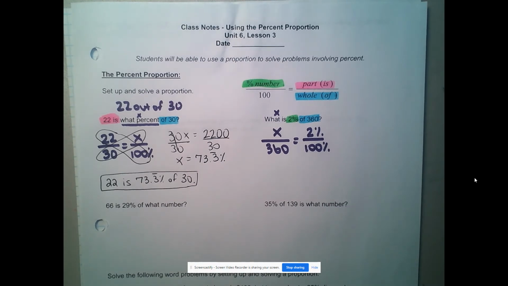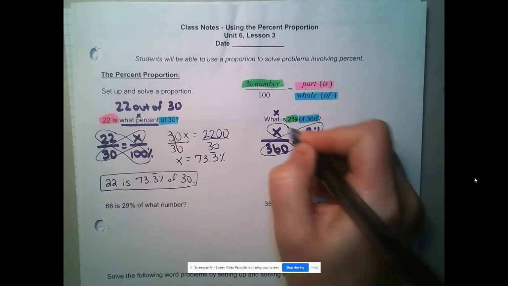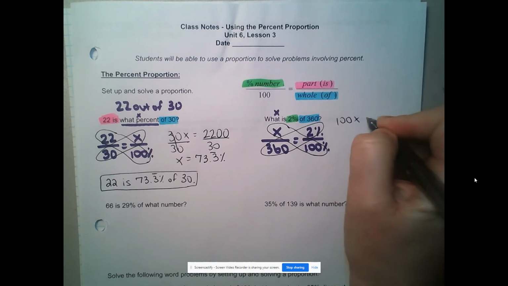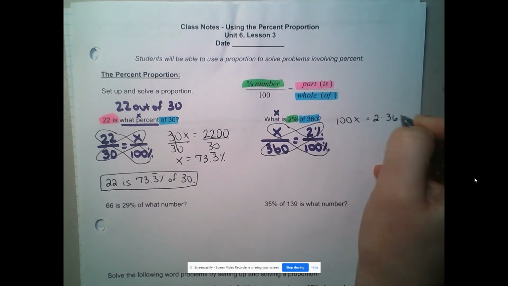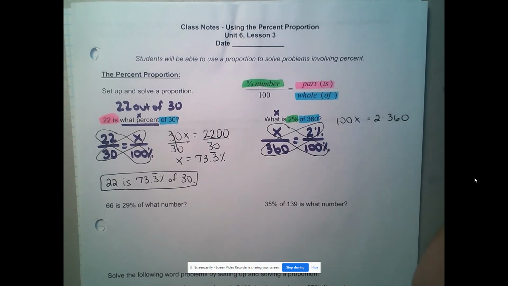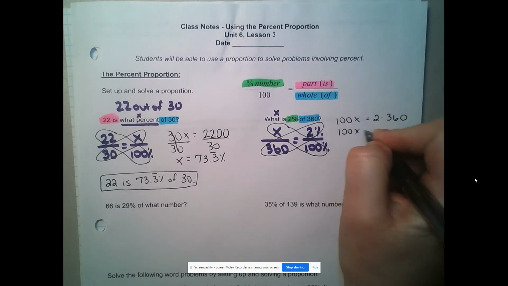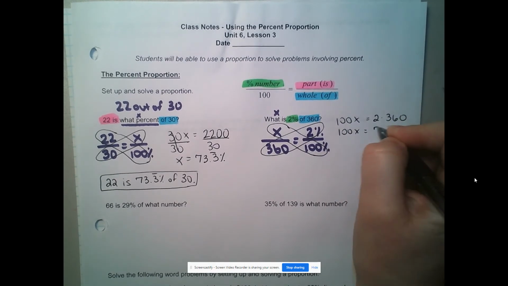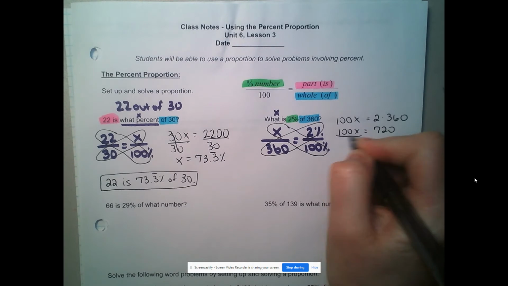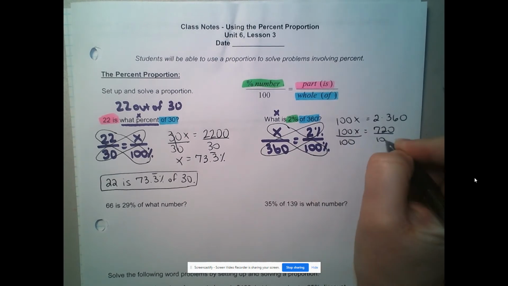What's the part number? And at this point, now that we've got all the pieces plugged in, we would do 2 times 360 and x times 100. So 100x equals, I've got to do 2 times 360. Maybe I can, maybe I can't do it in my head, but it is 720. And then I've got 100x, so I divide both sides by 100.